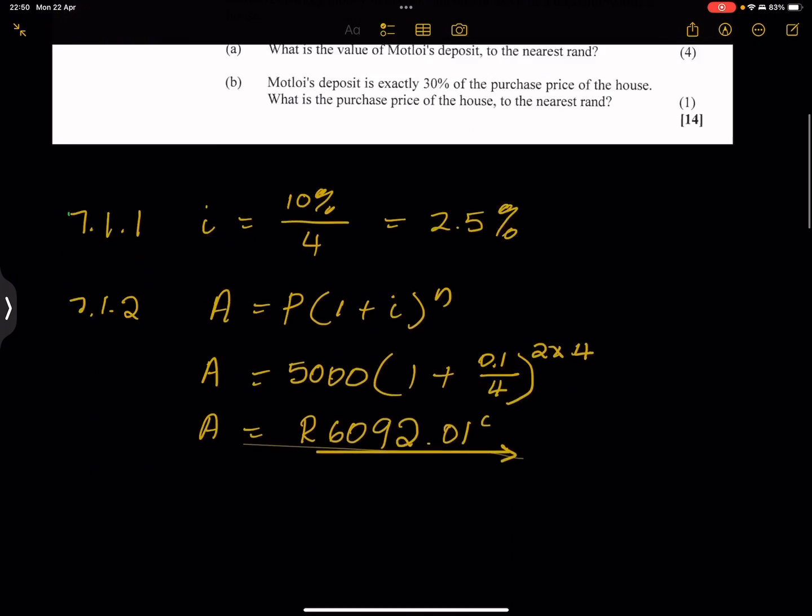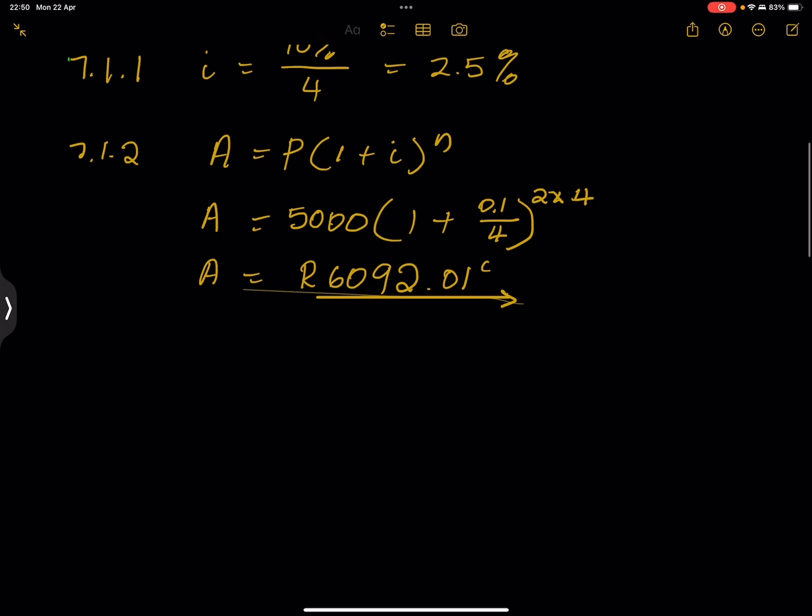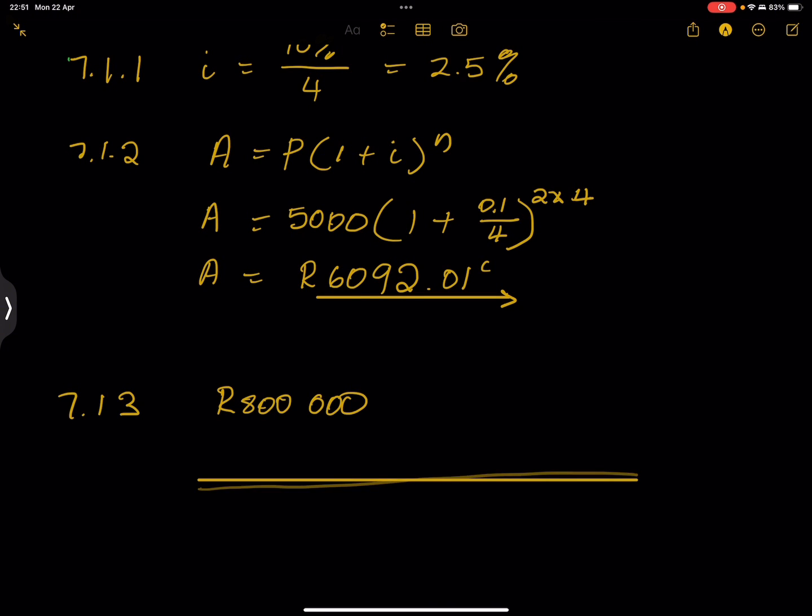So in this case here we're going to deposit an amount of 800,000 rands. Okay, so it's that lump sum that we are going to put in, and they say that he will now make withdrawals, right? So that means that if this is our timeline, this is when he makes the deposit, 800,000.